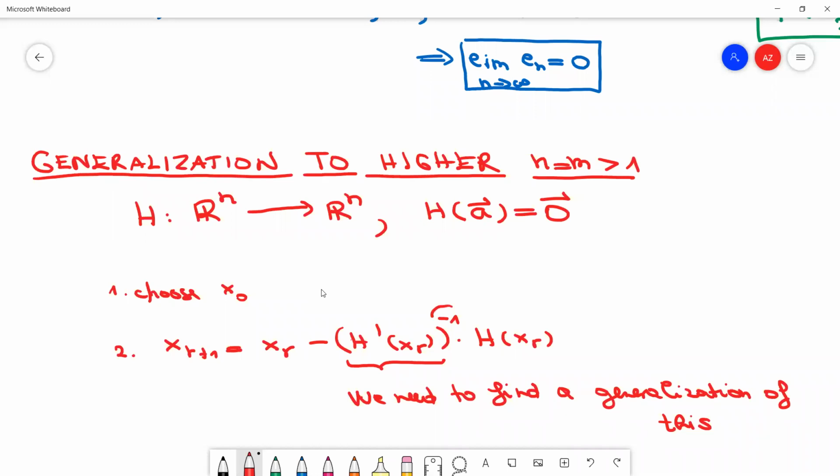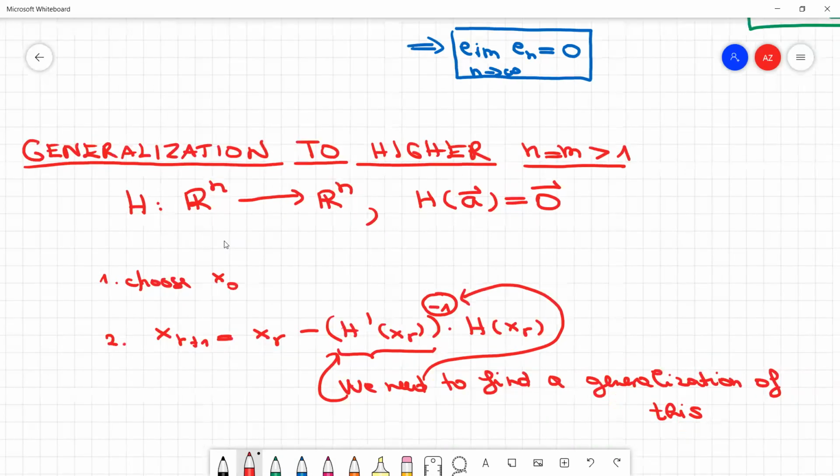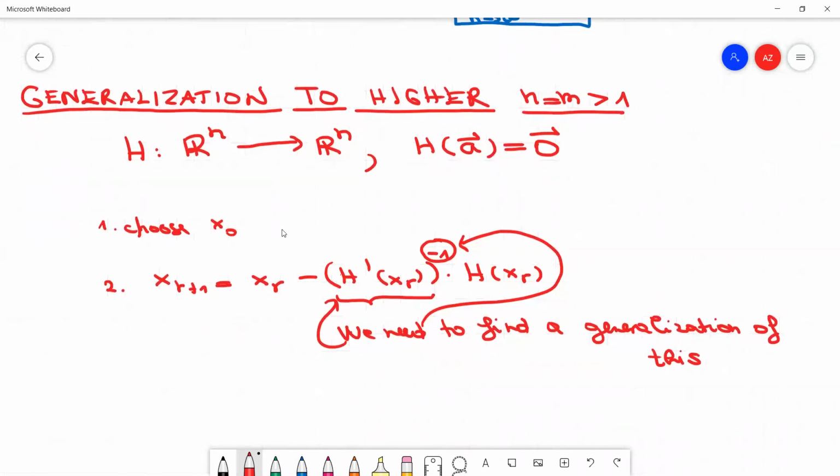And of course also this -1. So there are two points to be generalized. Do you have any suggestion what we would take for the derivative of h if we have a vector-valued function of a vector variable? What would make sense?